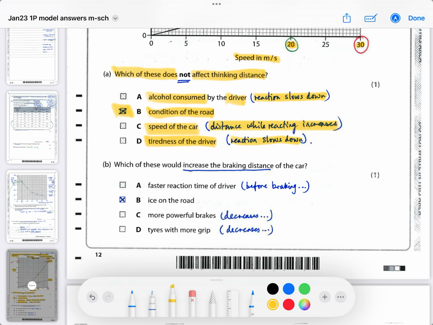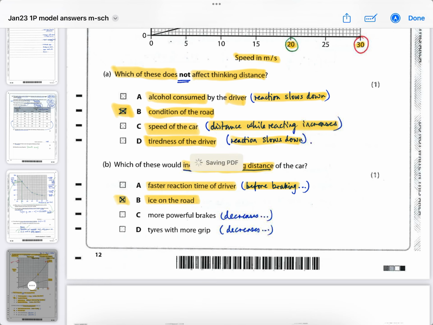And then which of these increases the braking distance of a car? A faster reaction time doesn't affect the braking distance at all because it comes on before braking. Whereas ice on the road makes it more slippery and will increase the braking distance. So it looks like B is the answer.